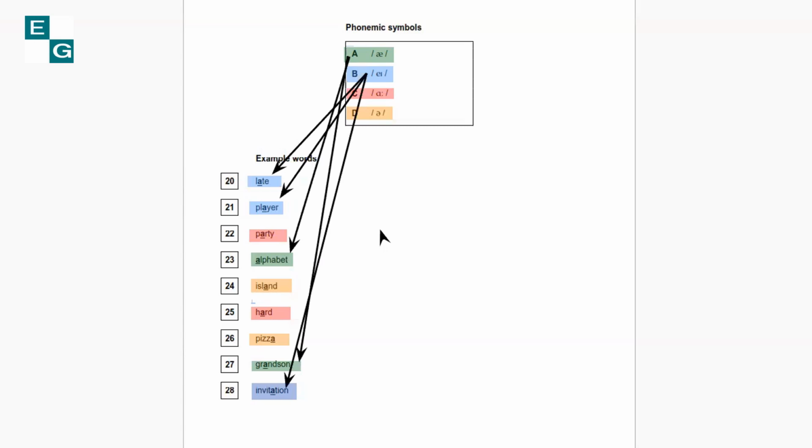Then we can also go ahead and say that the strong sound, vowel plus R, takes the words party and hard. And finally, the schwa sound takes the weak syllables for the words island and pizza.